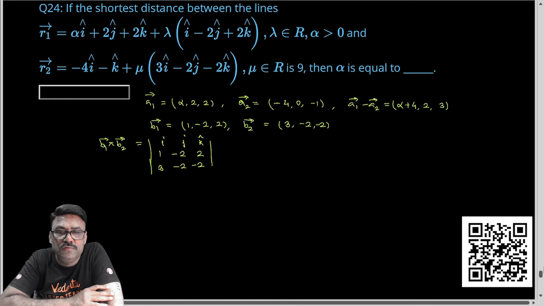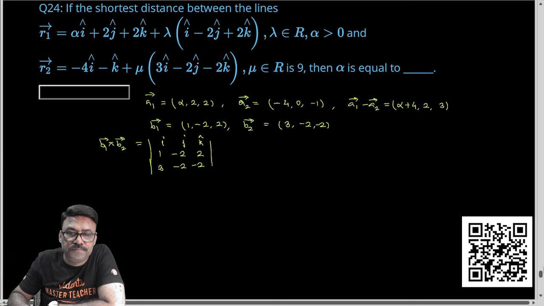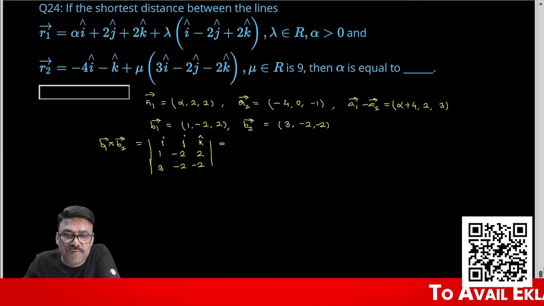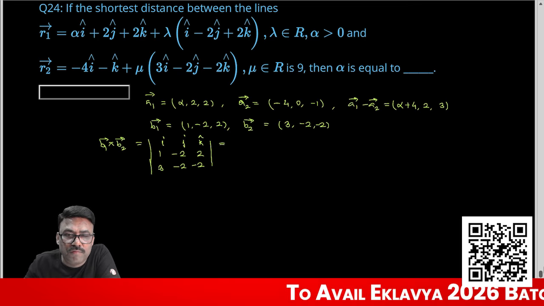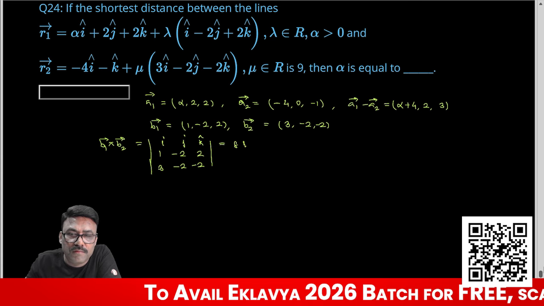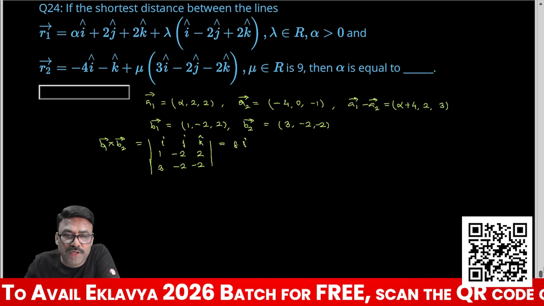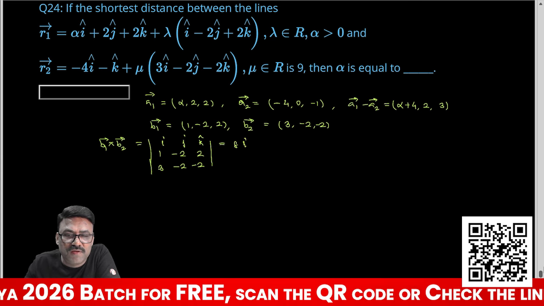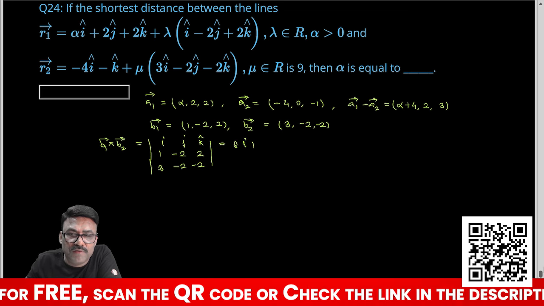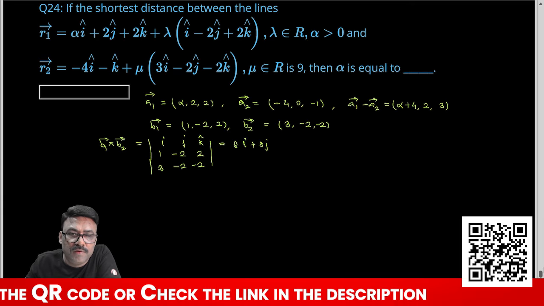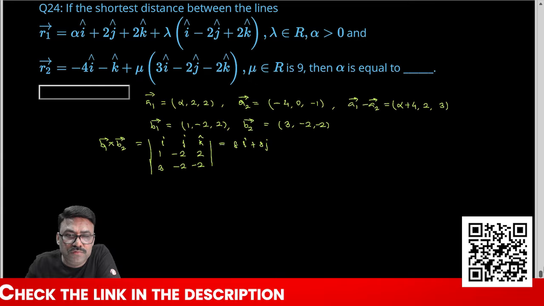Now let's expand. So it is 4 plus 4, 8i. j minus 2 minus 6, so plus 8j. And then minus 2 plus 6, so 4k.